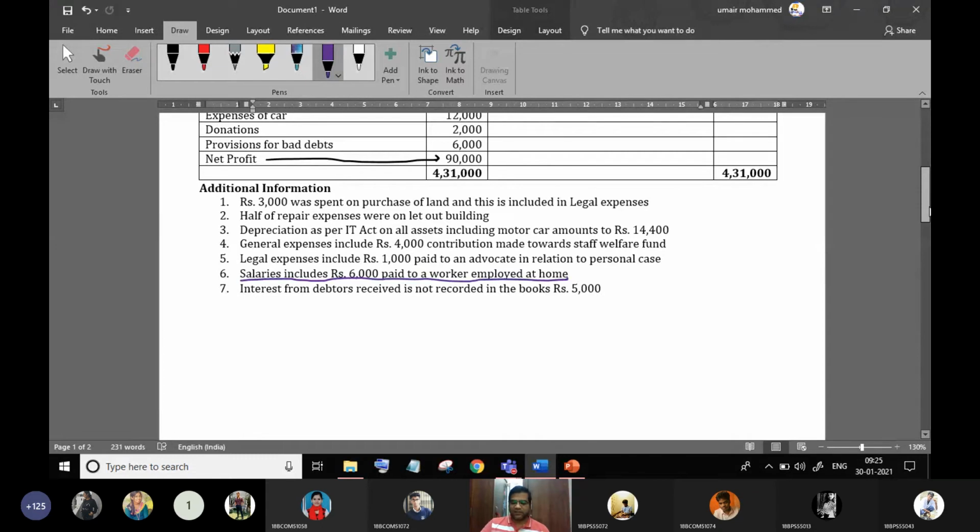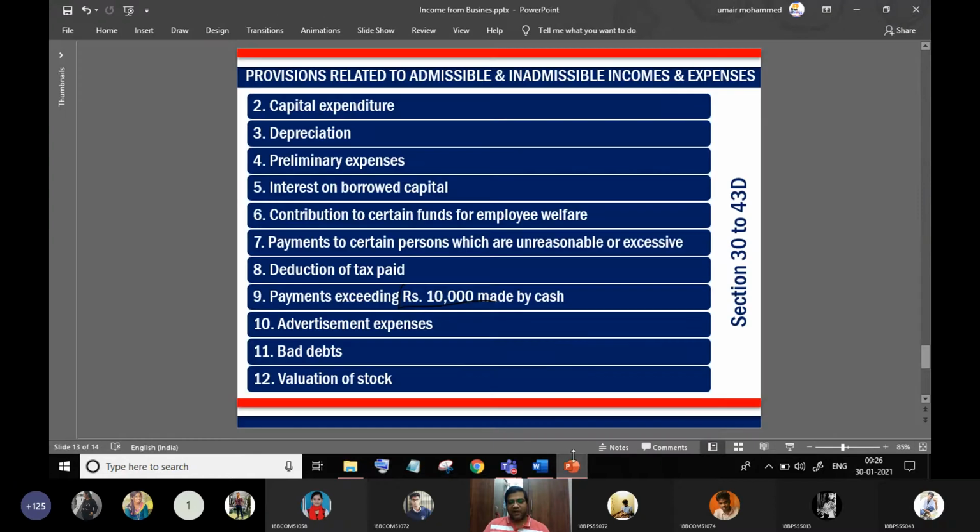So let's see here. Now you see there is one item here which says general expense includes 4,000 contribution made towards staff welfare fund. Now, while having the discussion, I told you point number 6, any amount spent on employees, most likely it is allowed by and large.